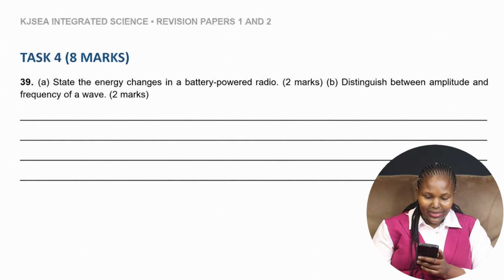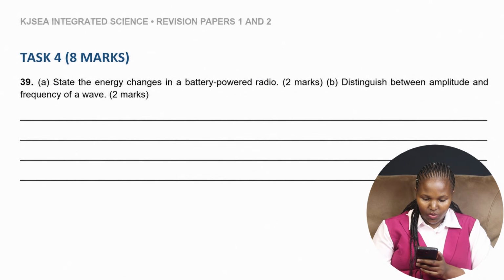Then with that, we go to question number 39. State the energy change in a battery powered radio, 2 marks. Then distinguish between amplitude and frequency of a wave. So question 39 is about energy and waves, also a topic that you should not ignore.